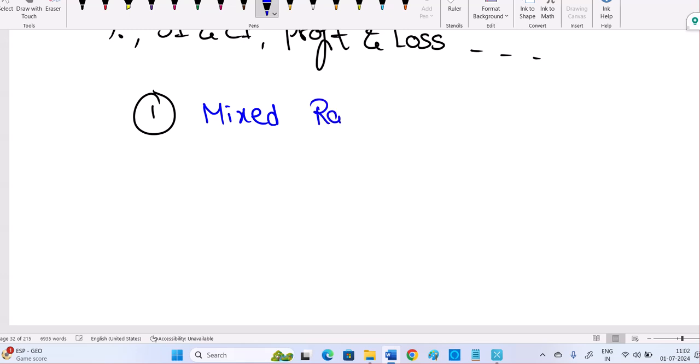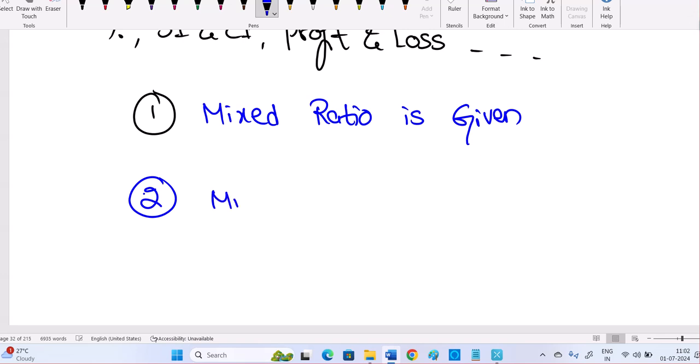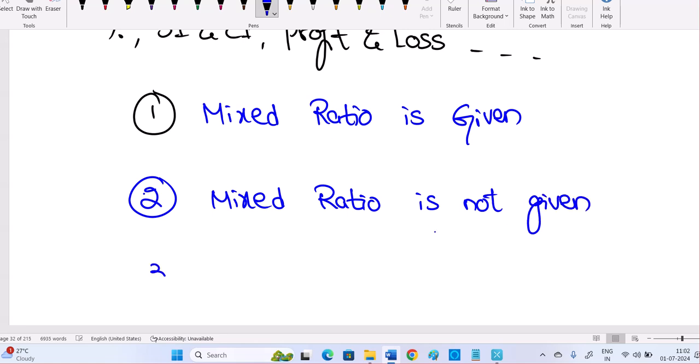Model 2 is where the mixed ratio is not given. The third one is removal and replacement. That's it. Three different types of questions: mixed ratio given, mixed ratio not given, and remove and replacement.